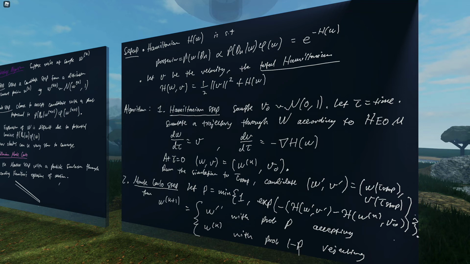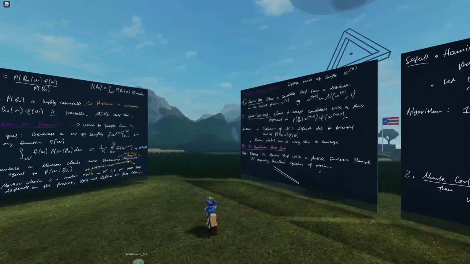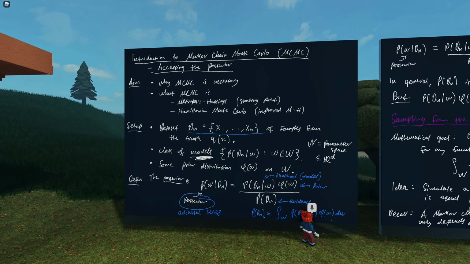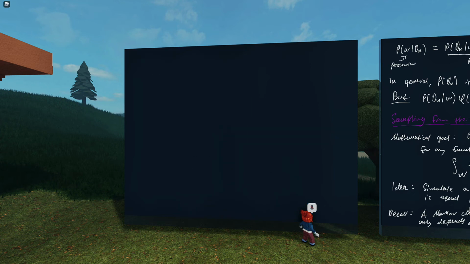As for the speed of it, I'll go to the first whiteboard once again. The general idea with these Hamiltonian dynamics is that it makes sure that the sampler is actually sticking to regions where the posterior is dense, or quite peaked.